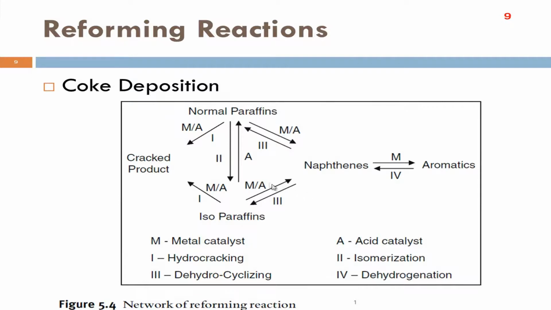Of course, when cracking is involved, some oligomerization can take place as well. The more oligomerization, the more undesirable product will be formed. What I am talking about is the coking process.